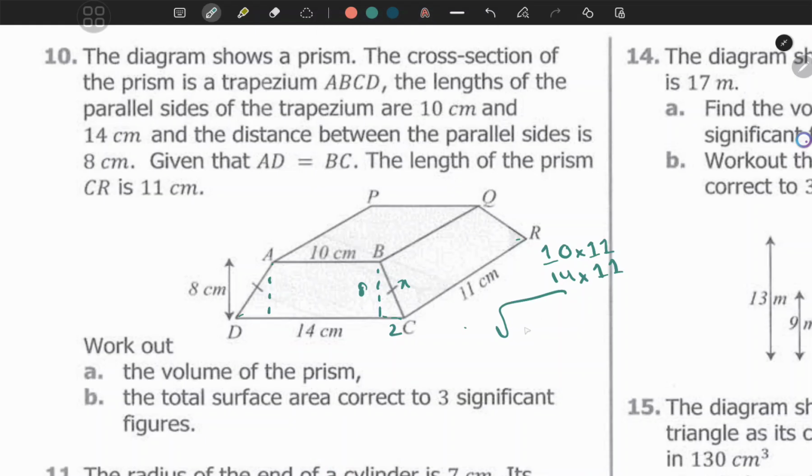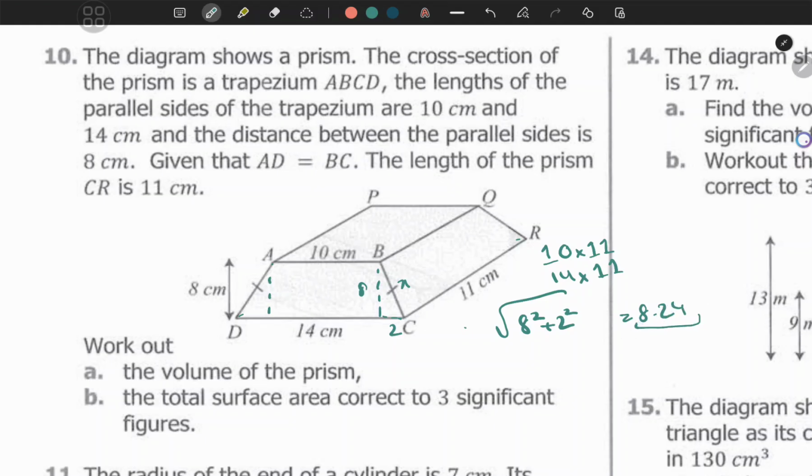Now applying Pythagoras, we get 8 square plus 2 square under root, which gives us 8.24, right?